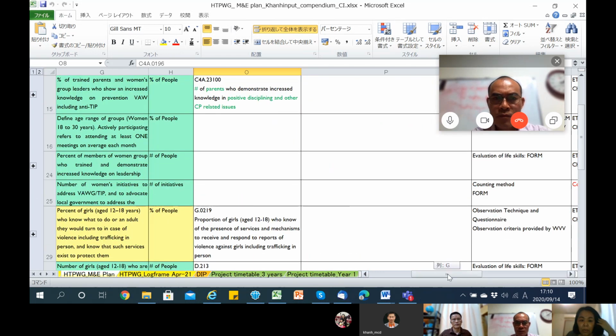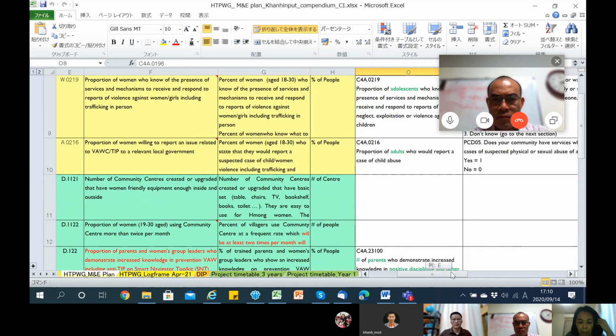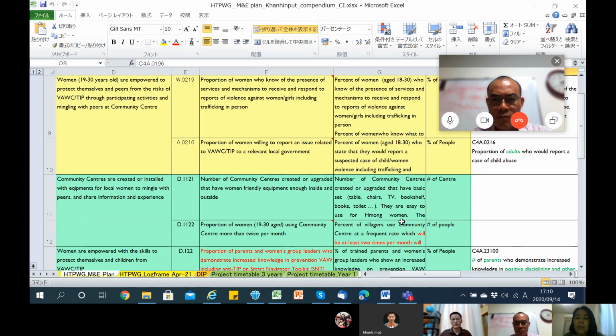Some indicators don't have a compendium indicator, but these are mostly counting indicators, like the number of community centers created or upgraded that have women-friendly equipment inside and outside. At baseline, the number is 0, as you can probably understand, and we don't really need to measure anything for this indicator.